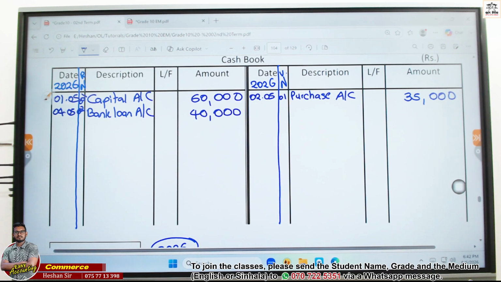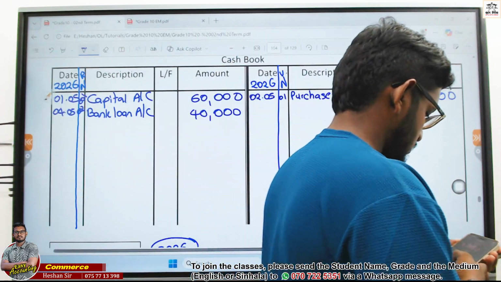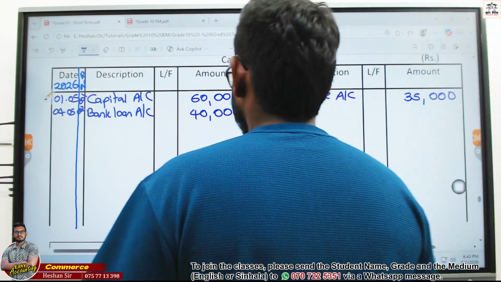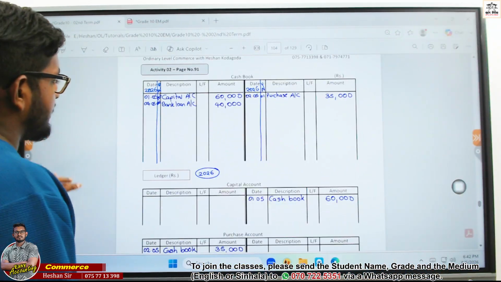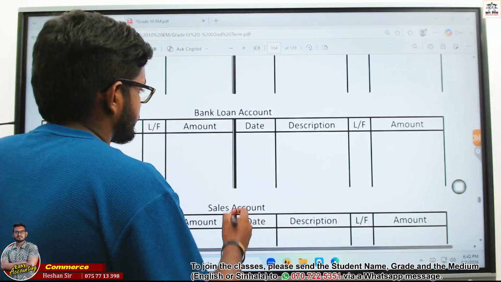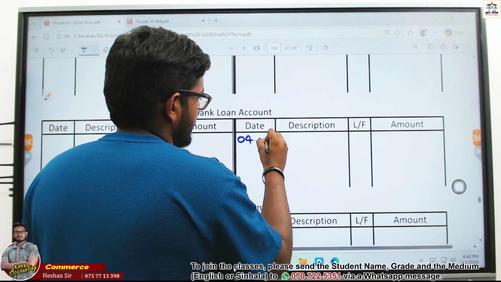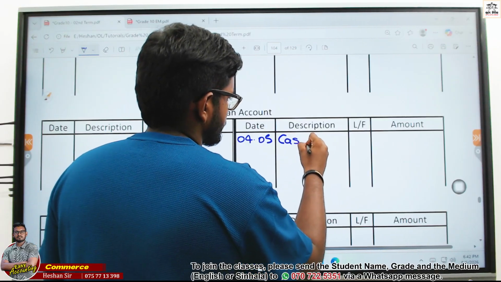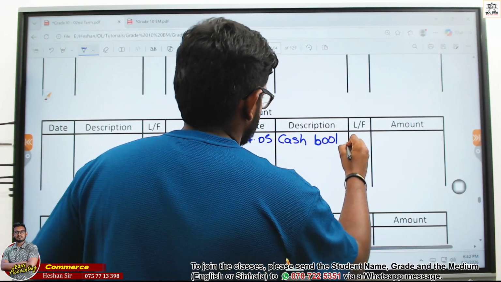Right. Next one. Go to the bank loan account and credit, 4th of May. Here cash book.